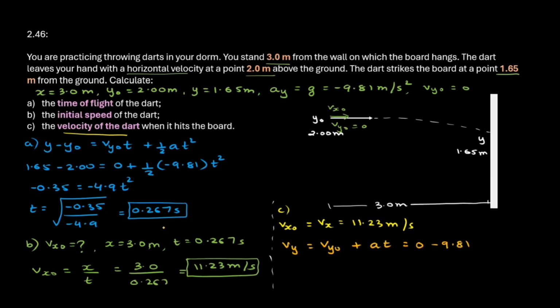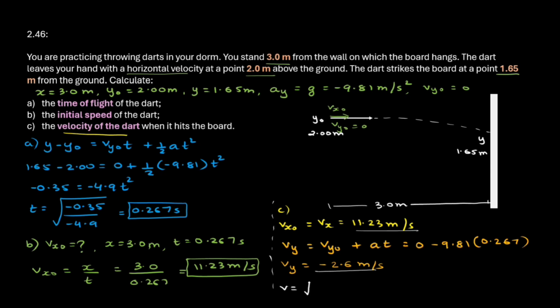Time t is the time of flight we found in part A, that is 0.267. And when you solve this, you get the y component of the final velocity to be equal to negative 2.6 meter per second. After we find the x and y components of the final velocity, we can find the magnitude.